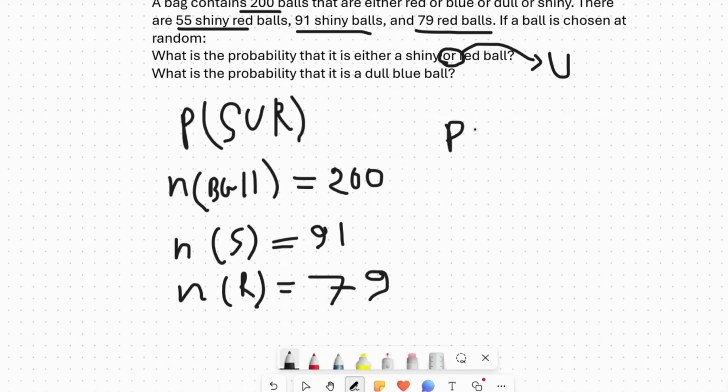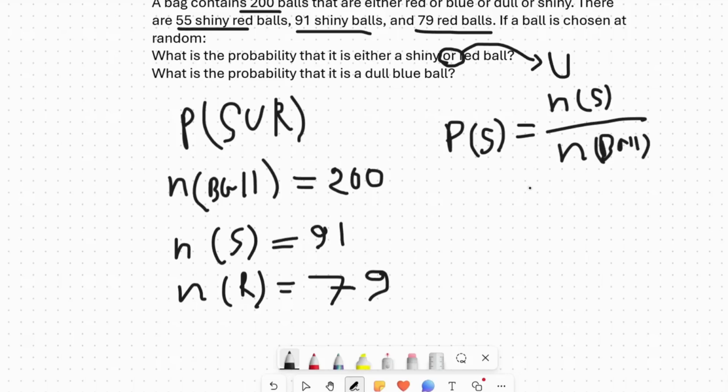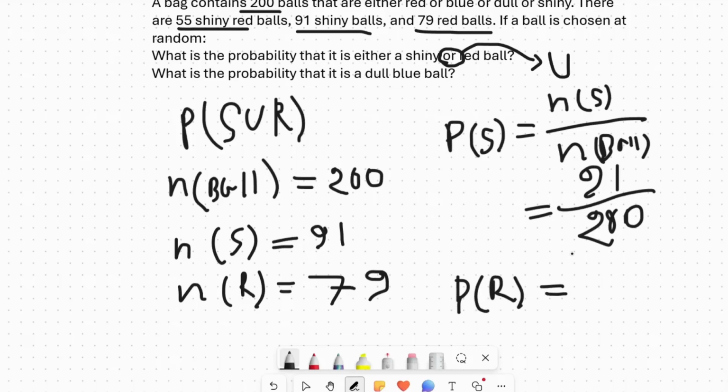The probability of shiny ball is number of shiny balls divided by number of total balls. So this is 91 by 200. This is the probability of shiny ball. The probability of red ball is 79 by 200.